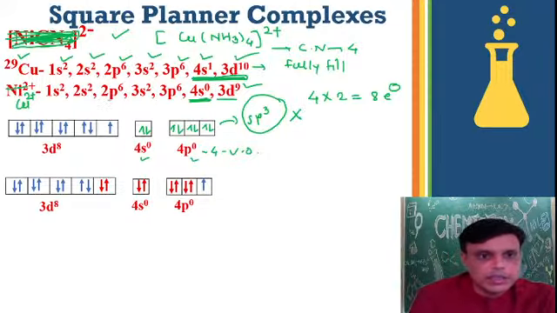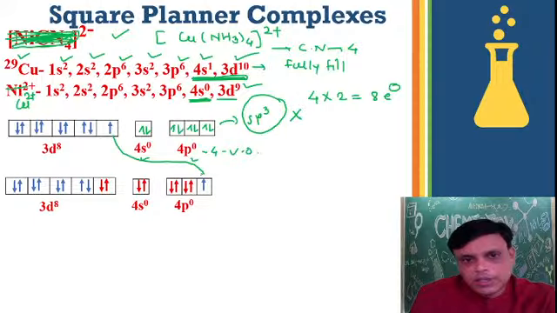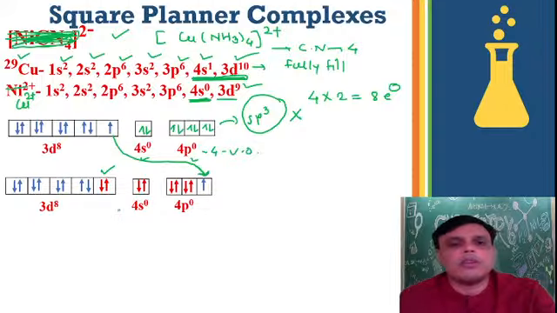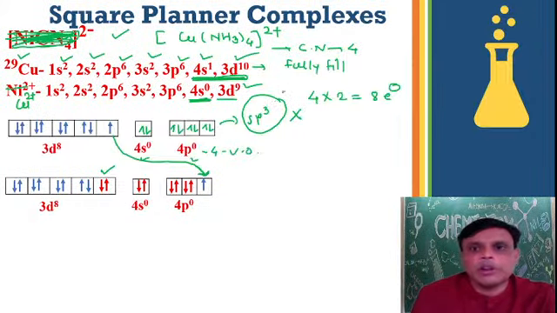Now what happens? In this case, this 1 electron is excited into the last p orbital, and this orbital will now be the vacant orbital. Now we have 8 electrons.